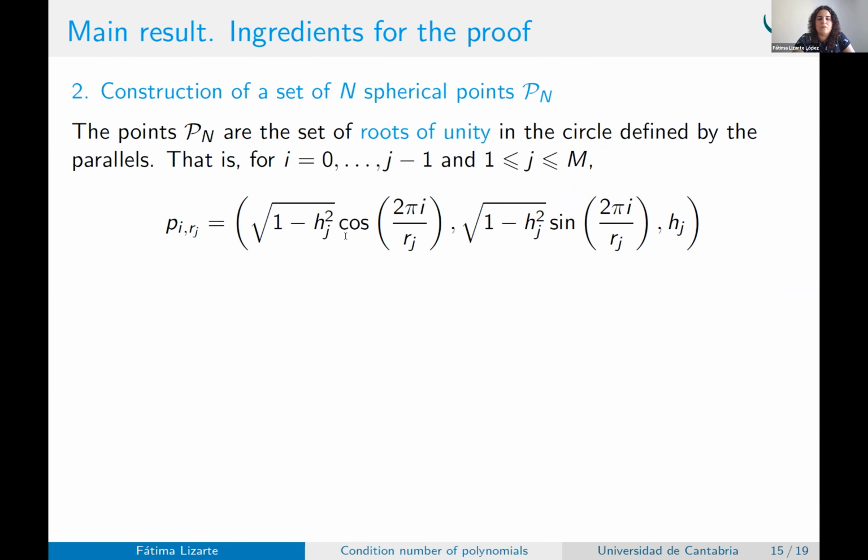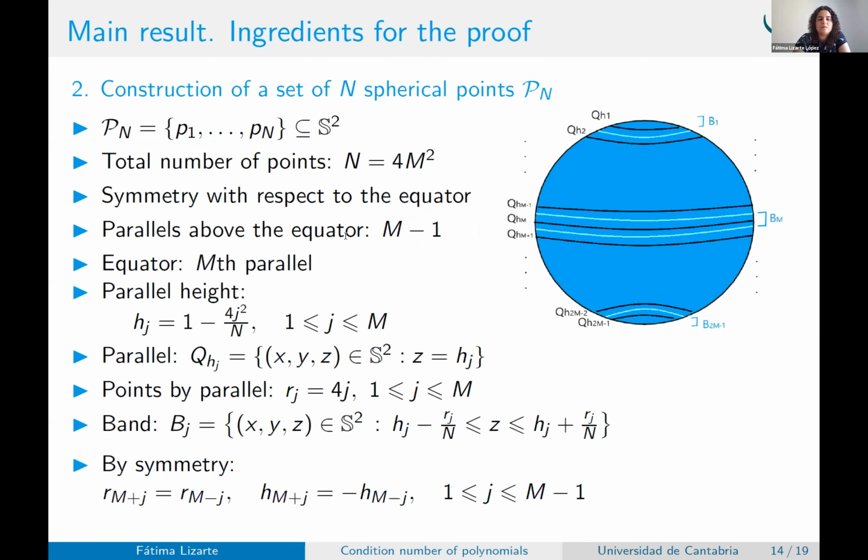The values of Hj are chosen in such a way that there is a band with normalized area Rj over N, whose central height is Hj. Here we can find the analytical definition, and a graphical description can be seen in the graphic.